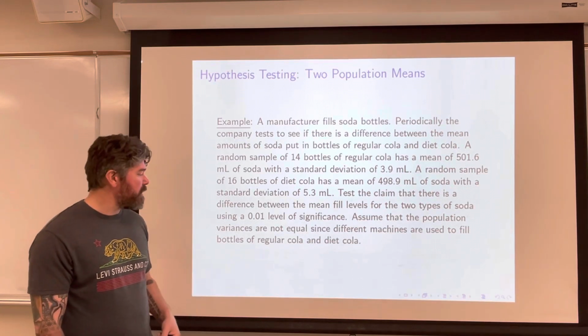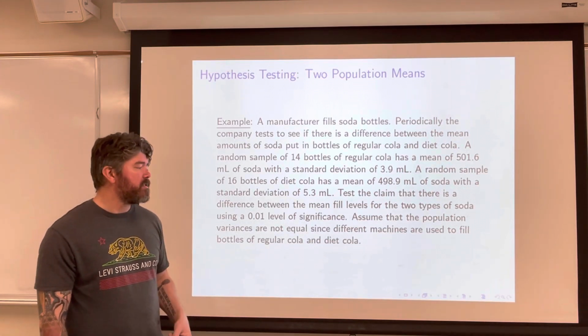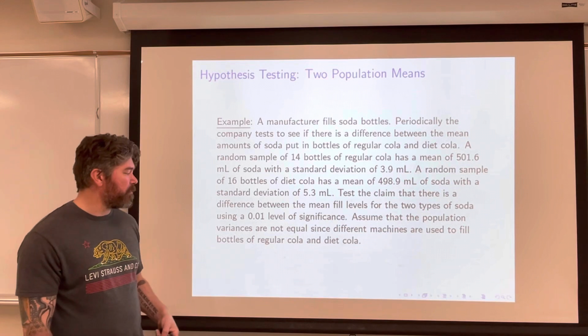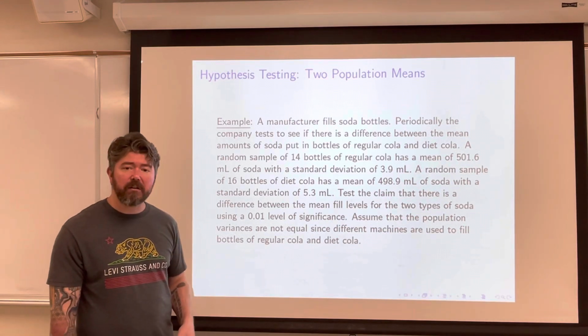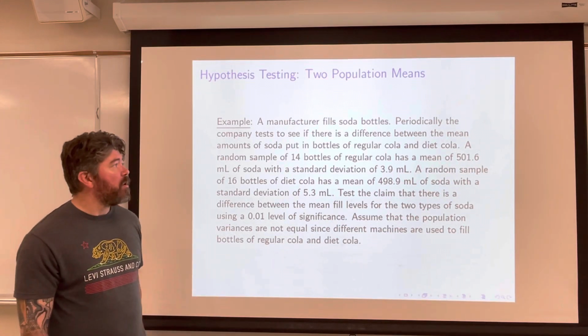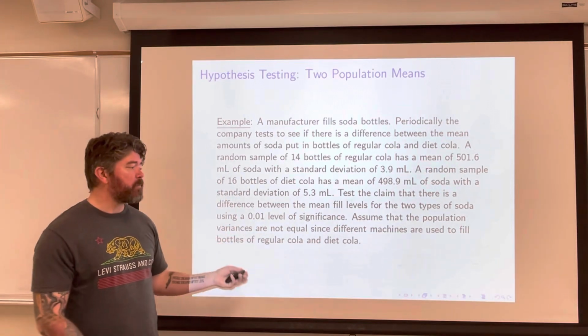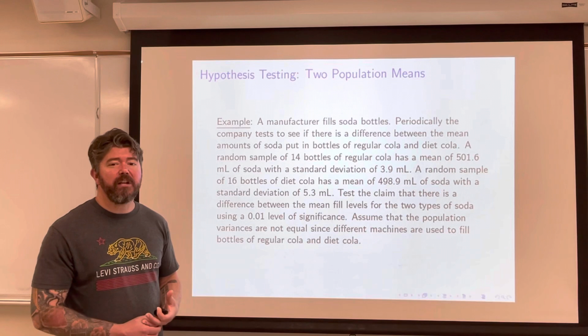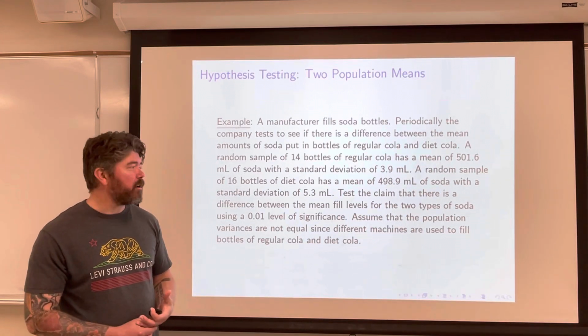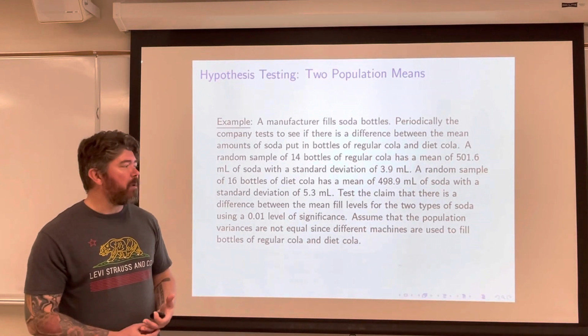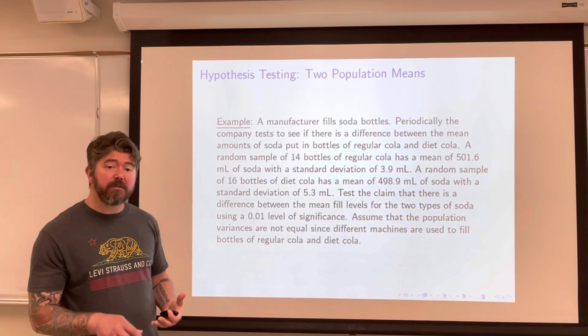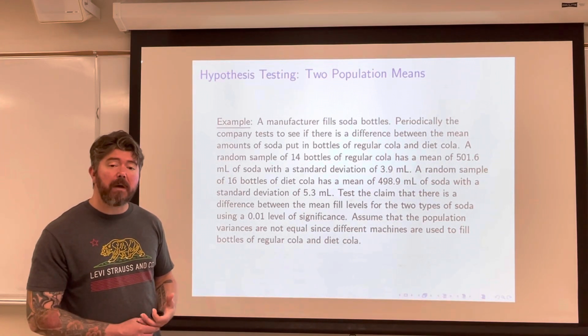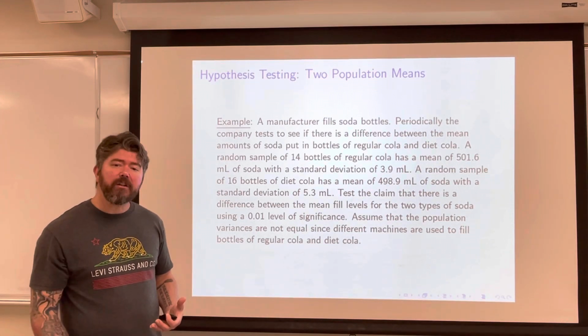Assume that the population variances are not equal since different machines are used to fill bottles of regular cola and Diet Cola. Okay, so again, these problems become a little more in depth and it will make this video a bit longer, which isn't bad, but I have the written solutions posted below this video on this page. Please walk yourself through those.